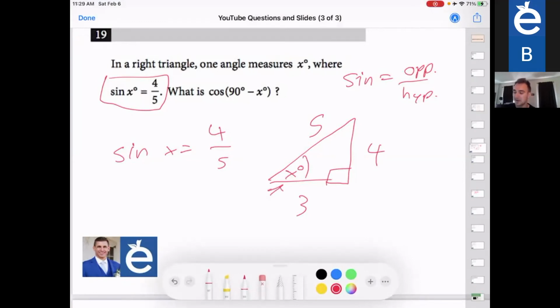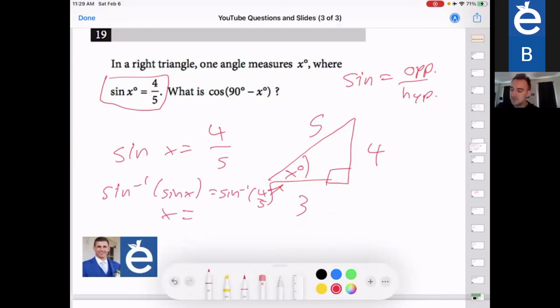I could do that by taking the inverse sine, also the arc sine, of x. If you have your calculator, but it depends if this was a calculator section or not, I could take the inverse sine of sine x, and then I would also have to do the inverse sine of 4/5 to get x.